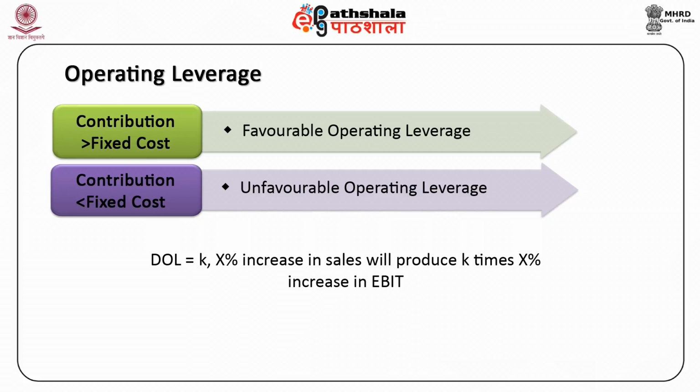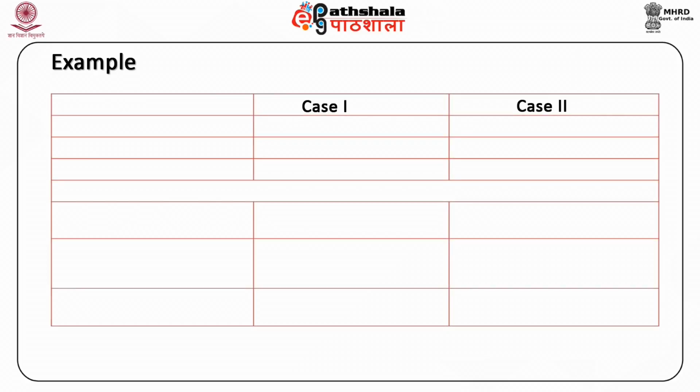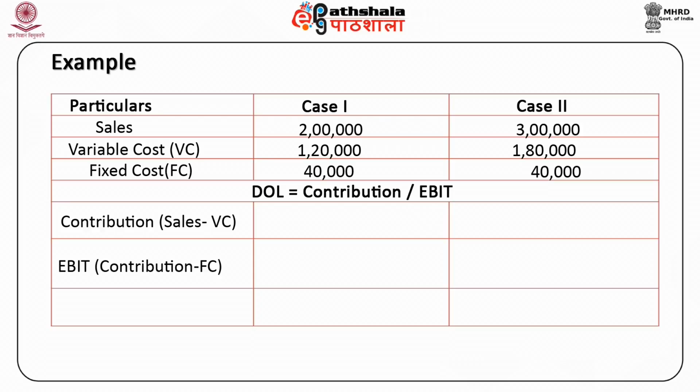Now, to deepen our understanding, we will illustrate computation of operating leverage with the help of an example. We consider two cases whereby values of three variables are given to us as shown here. We know that the DOL can be computed by using the formula as shown here. For this, we first calculate contribution and EBIT.